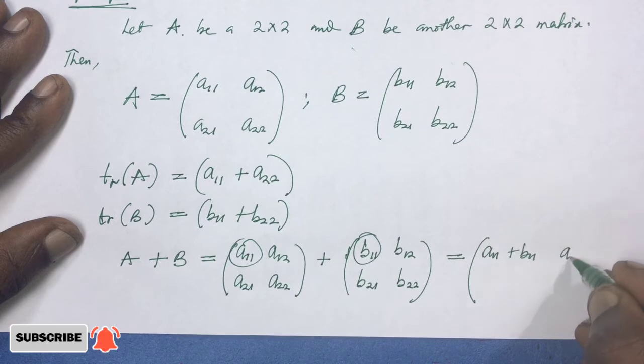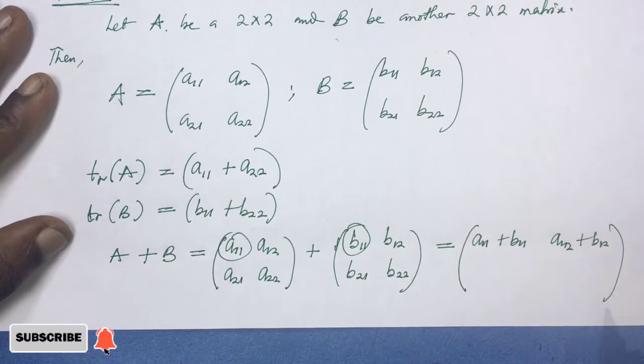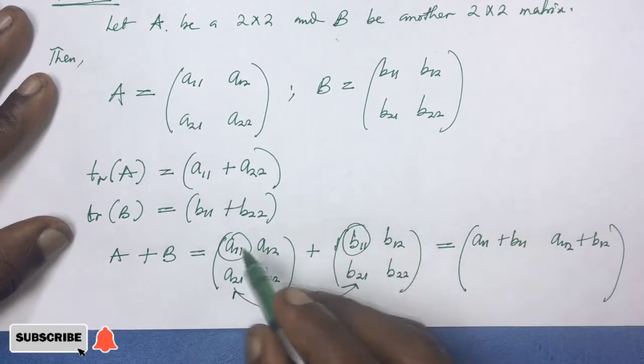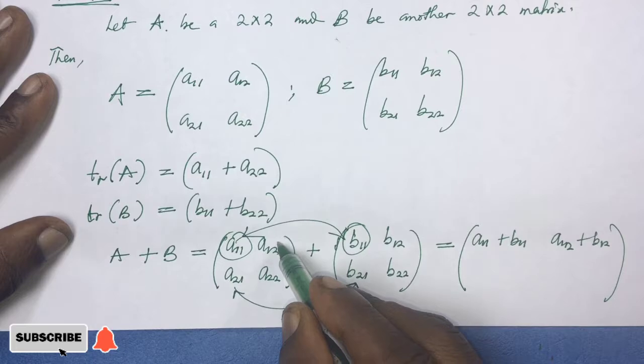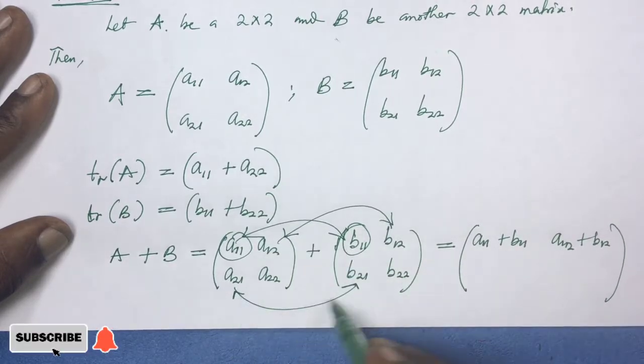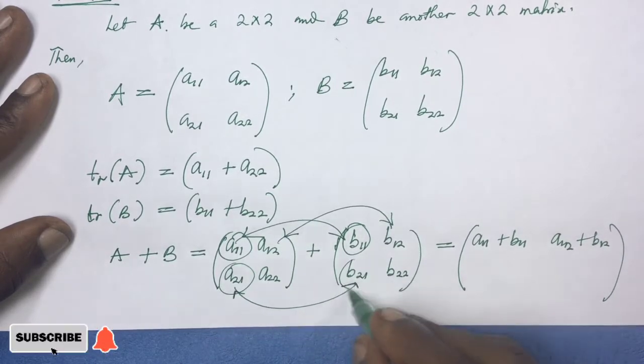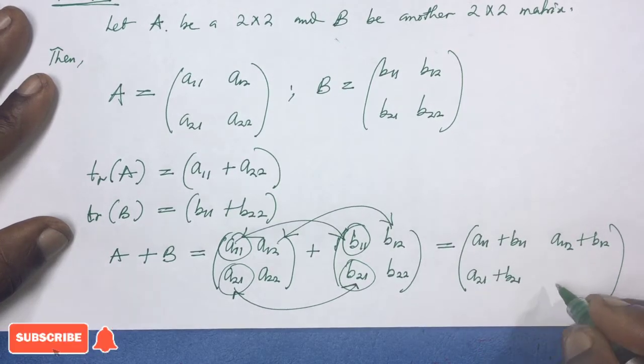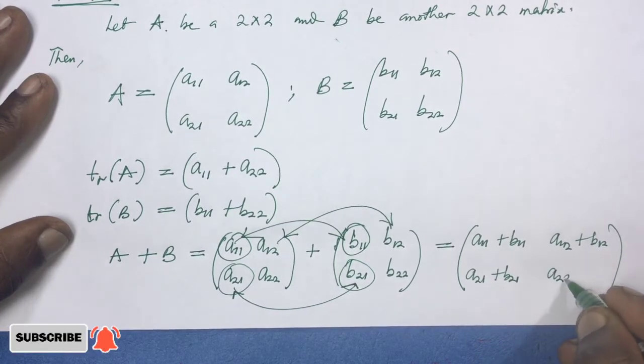Then here A12 plus B12. Then A21 plus B21. And this will add to give you A22 plus B22.